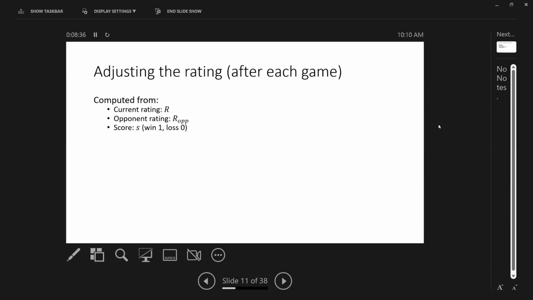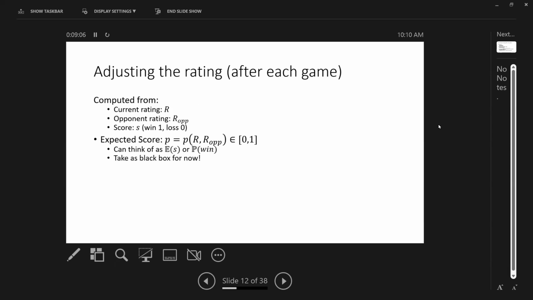So here's how their new rating system works. It's going to be computed after every game with just 3 numbers: your existing rating, the rating of your opponent, and the game outcome. There's actually an auxiliary quantity that's computed from some of these quantities, namely expected score. This is a function of your current rating and your opponent's rating.